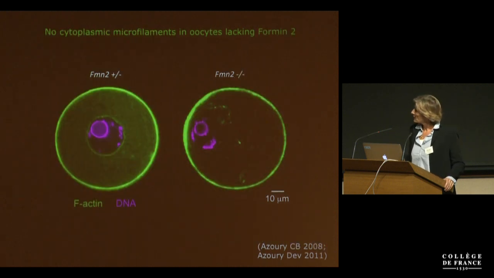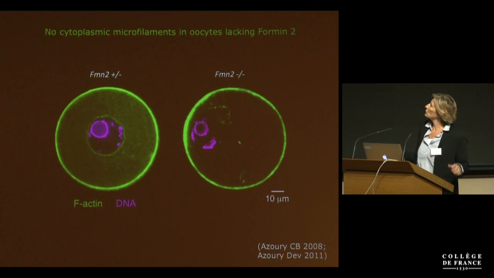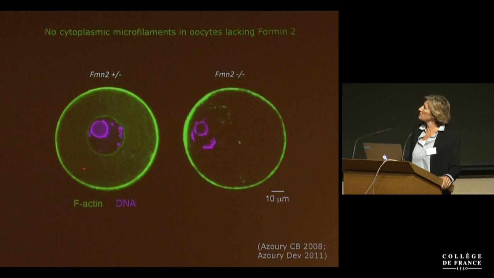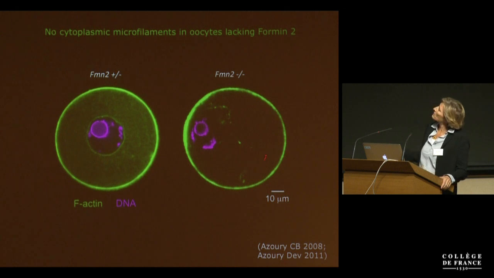And in oocytes which don't express formin 2, instead of having a nice cytoplasmic mesh of microfilaments in the cytoplasm that you see here in green, and also microfilaments that surround this big nucleus here, the cytoplasm is completely devoid of cytoplasmic microfilaments. And their nuclei are off-center.